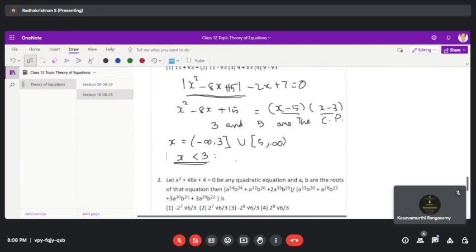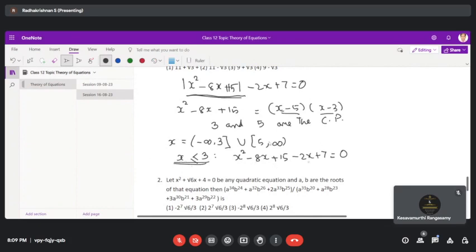So we put it as x square minus 8x plus 15 minus 2x plus 7 equal to 0 and solve this. And then you see which of the solutions you get is less than or equal to 3. Okay, so when x is less than or equal to 3, this expression is valid.